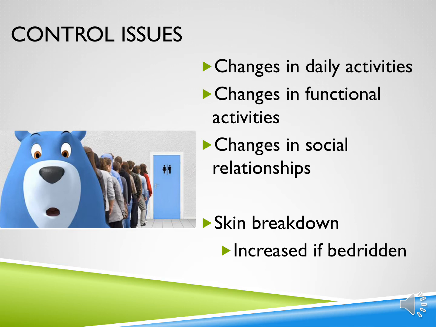Remember that some foods or fluid intake can affect how people are voiding at any age, and alcohol and caffeine inhibit the release of ADH, which is antidiuretic hormone, which then increases urinary output.